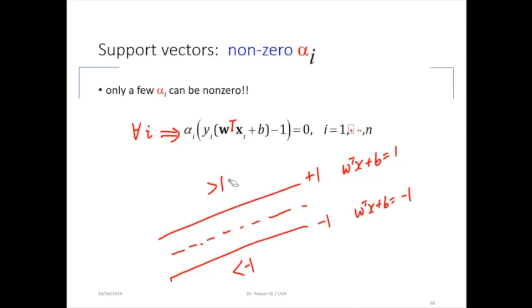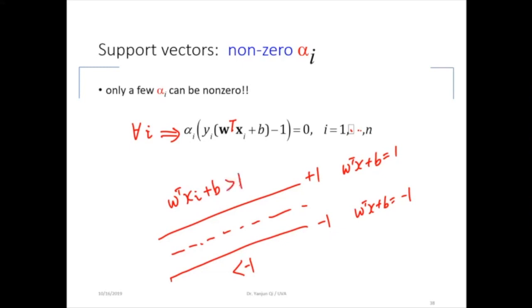Let me actually write it out. So w transpose x_i in the above region plus b will be larger than 1, right?